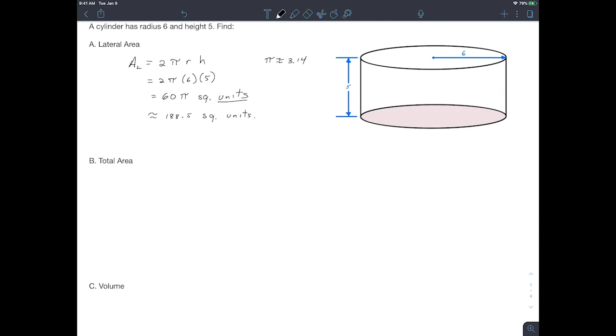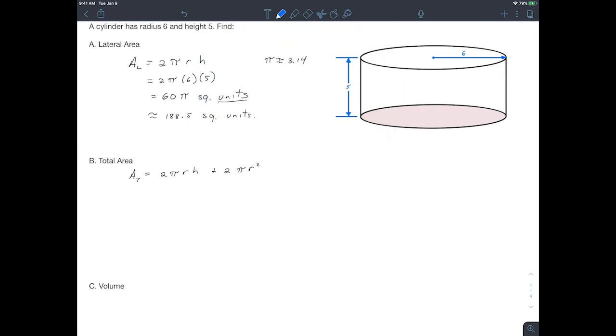Part B, the total area. Again, we will need a formula specific for the cylinder. And the total area, I wrote an L, it should be T for total, is 2 pi RH, radius and height, plus 2 times pi times the radius squared.